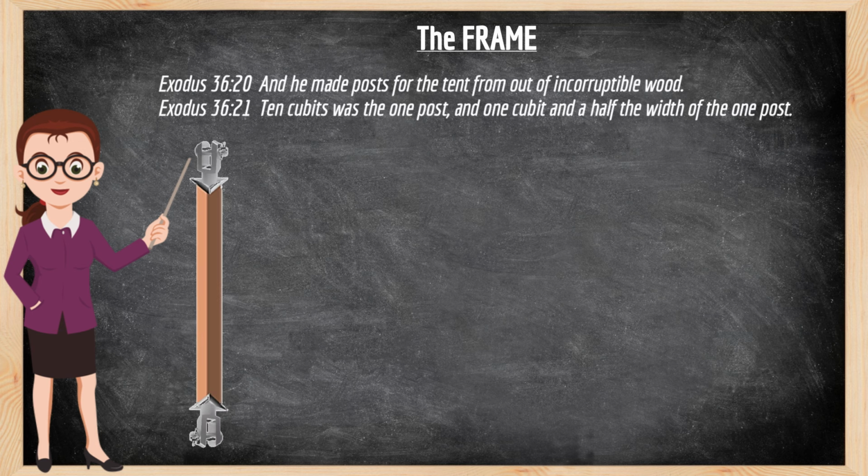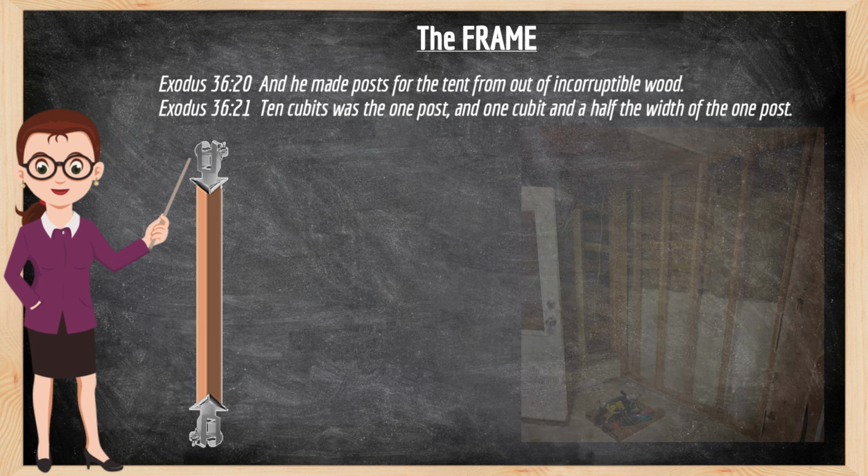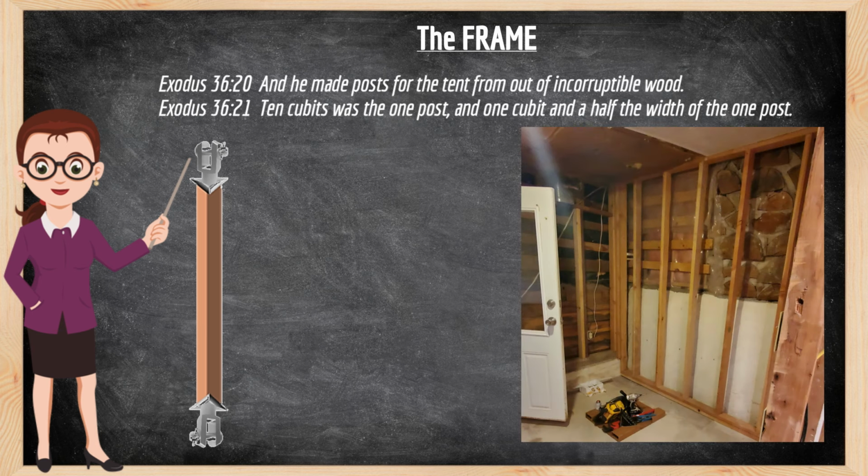Exodus 36:20. And he made posts for the tent from out of incorruptible wood. Verse 21. 10 cubits was the one post, and 1 cubit and a half the width of one post. So I buy a lot of lumber.